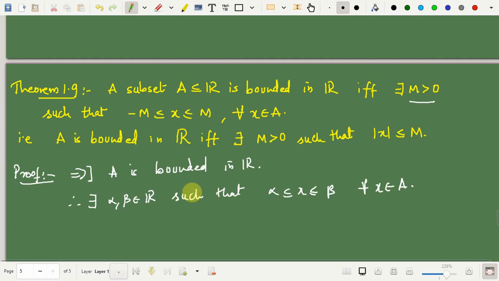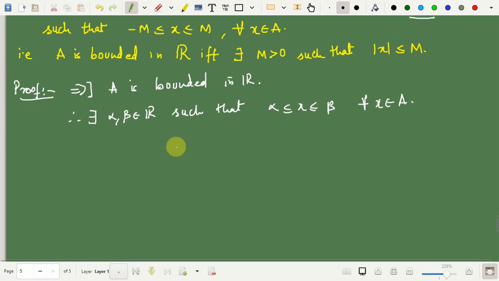So, now I want to produce m such that x is less than or equal to m and greater than or equal to minus m. Geometrically you should have an idea of producing this m.